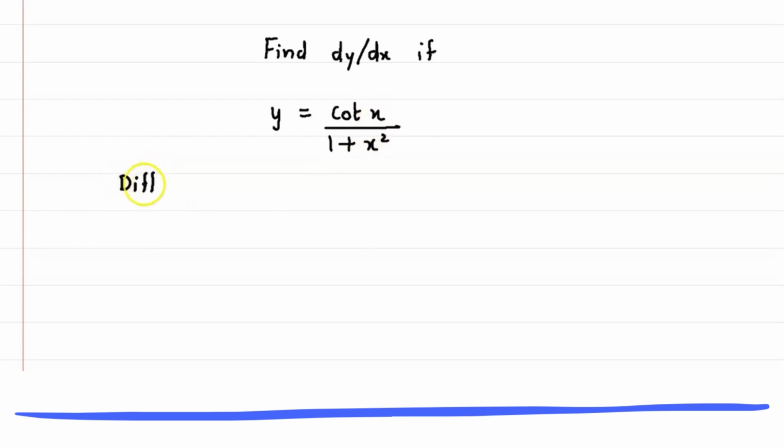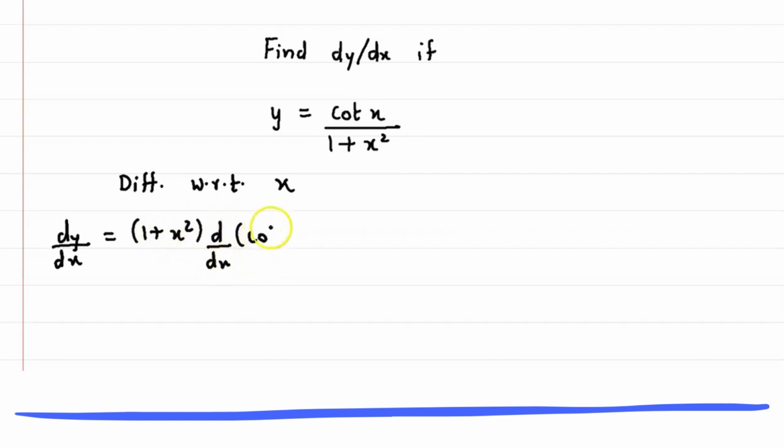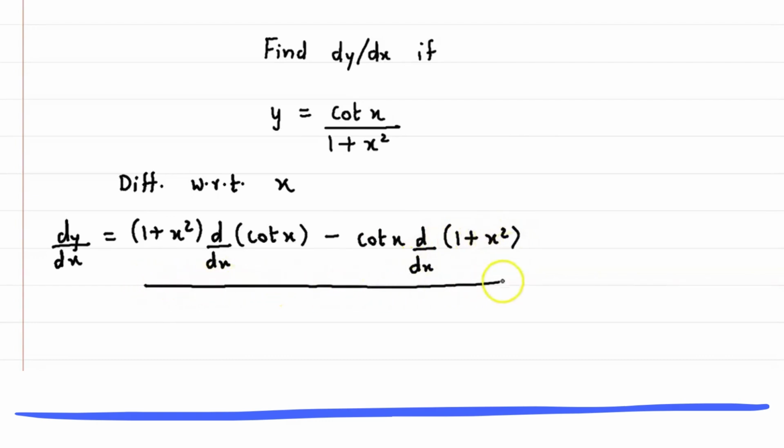So differentiating with respect to x, we get dy by dx is equal to, we start with the denominator, so we have 1 plus x square into derivative of cot x minus cot x into derivative of 1 plus x square divided by 1 plus x square the whole square.